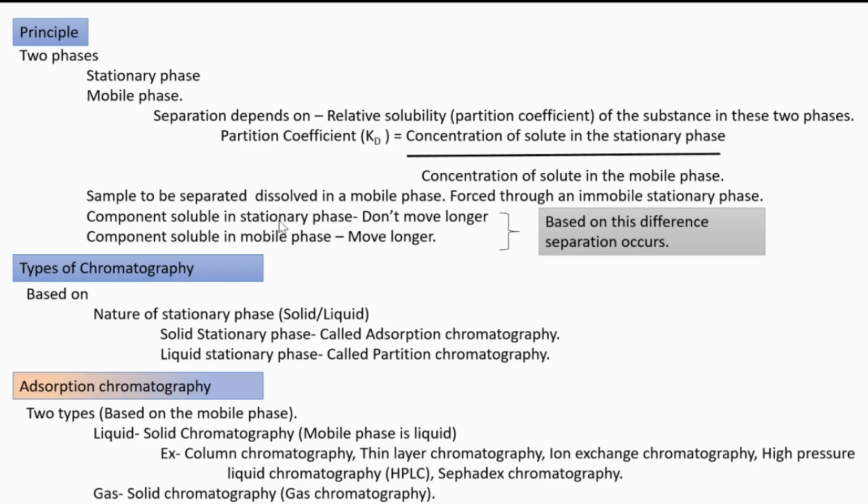Understand? Once more. Think of the case of the stationary phase only for now. Consider a substance that has more solubility in the stationary phase. Such a substance cannot move more distance. Then consider components that have less solubility in the stationary phase.